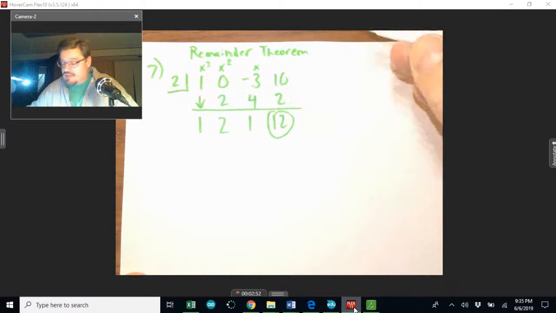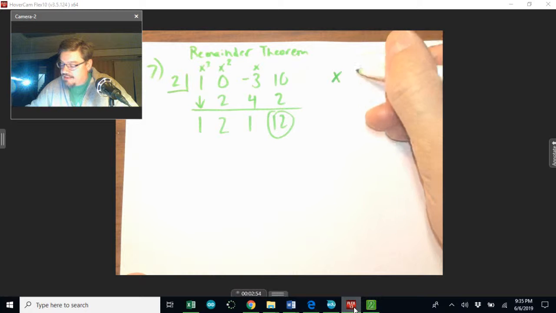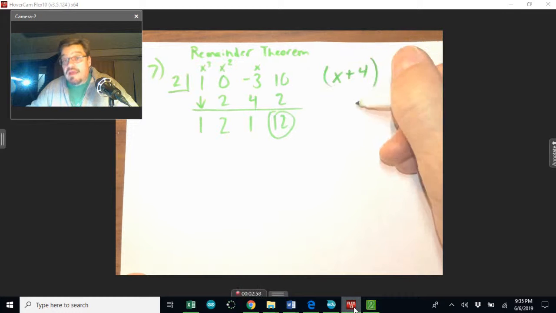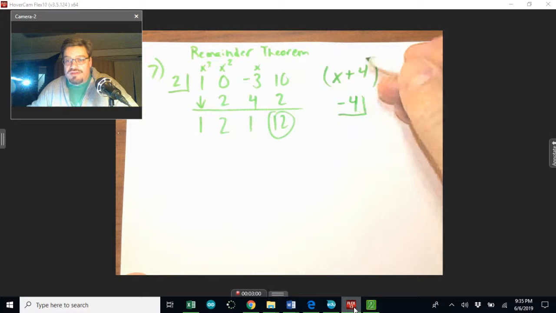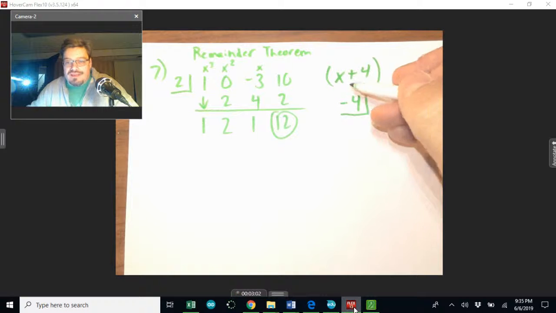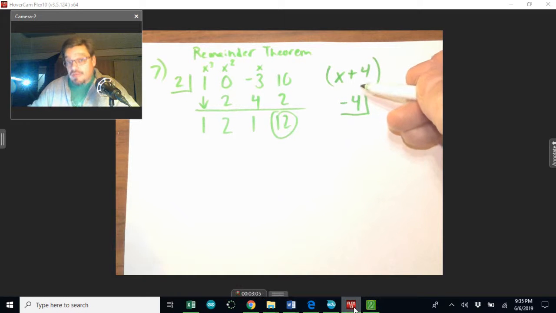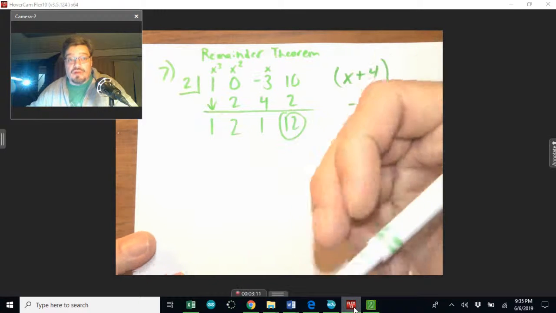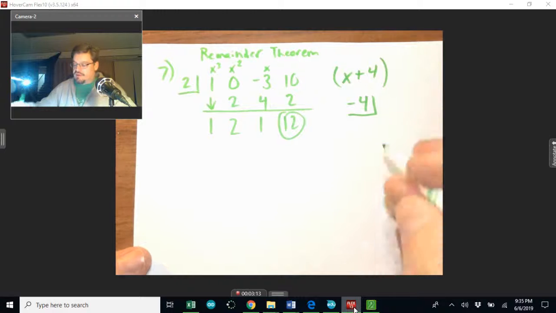The only time you change the sign is if you had an x, say x plus 4 that you were dividing by, then you want to put a -4 in the window. See, this is different. You're dividing a binomial into the actual polynomial. This is just, you are just plugging a number in. So 12 is your answer for that one.